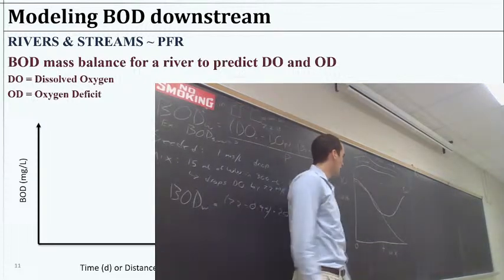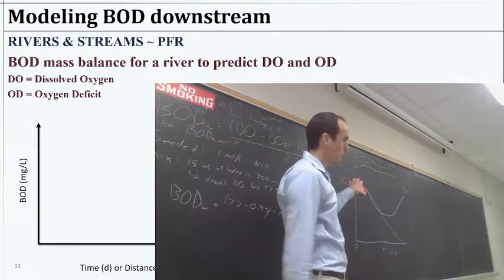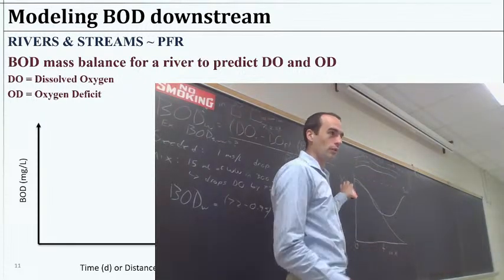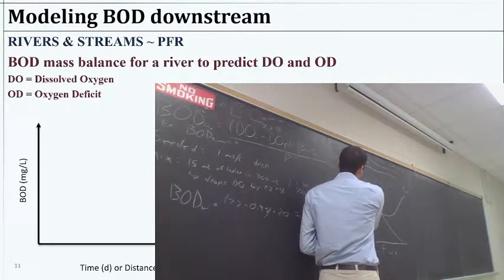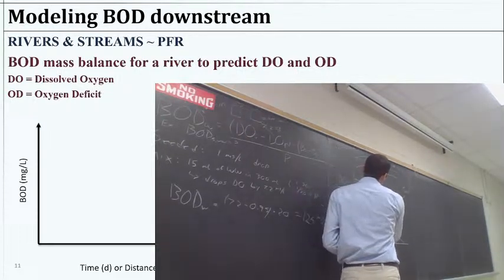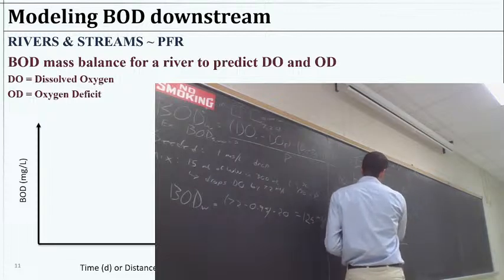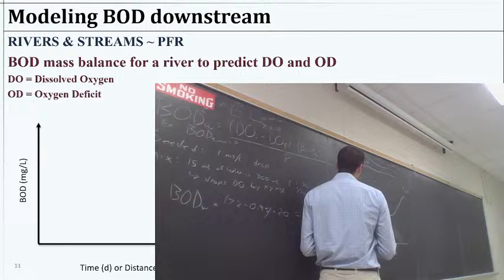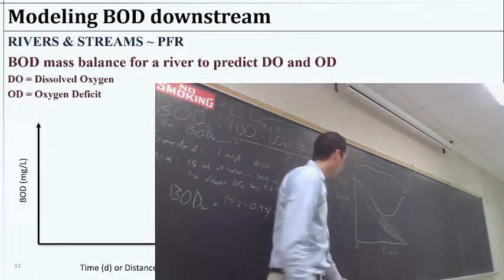So it would be, and actually, I guess I probably didn't draw that very well. It's probably going to be kind of an exponential decrease rather than this curve looking better. It probably looks more like that.